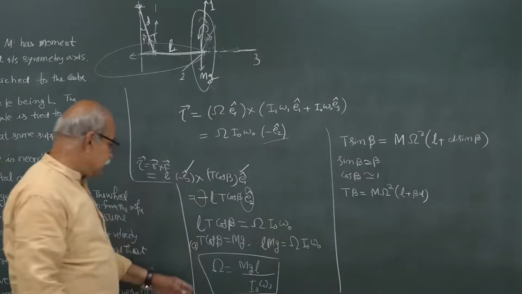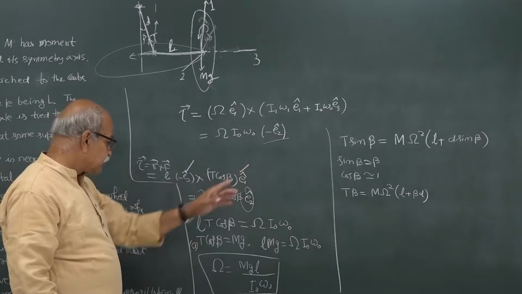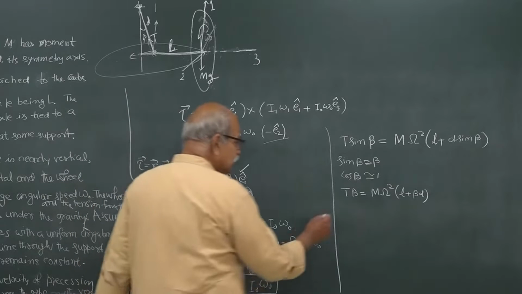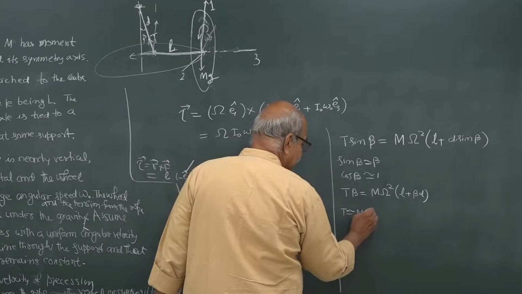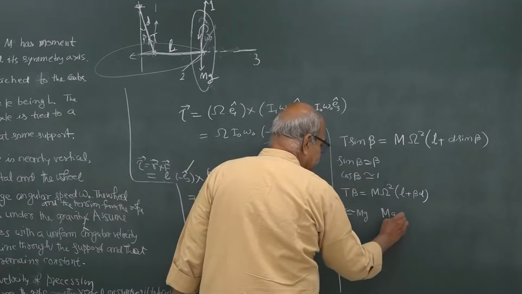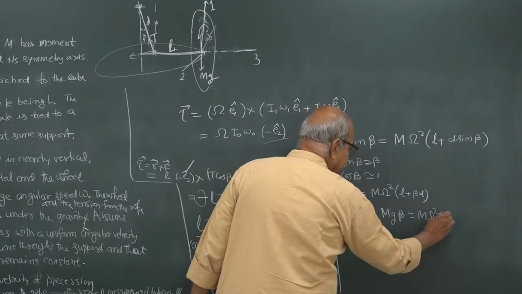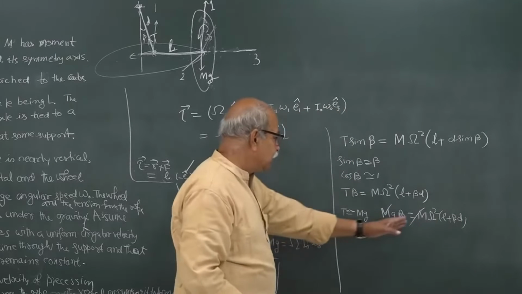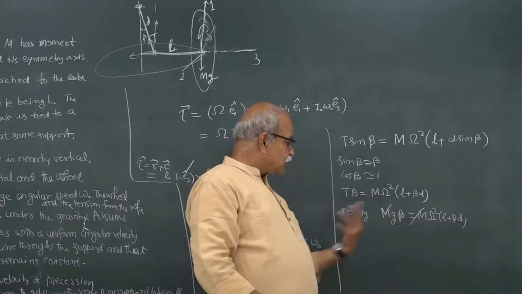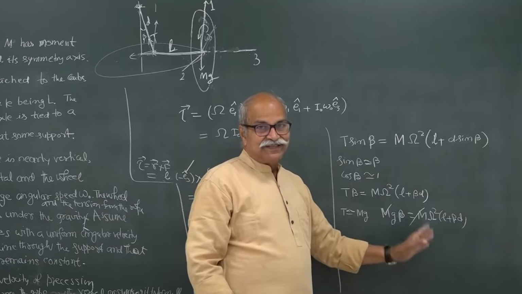And from the equation T cos beta equal to mg, under that approximation T is equal to mg. Therefore, mg beta is equal to m omega square times L plus beta d, and from here you can collect these two beta terms together and then solve it to get the value of beta.